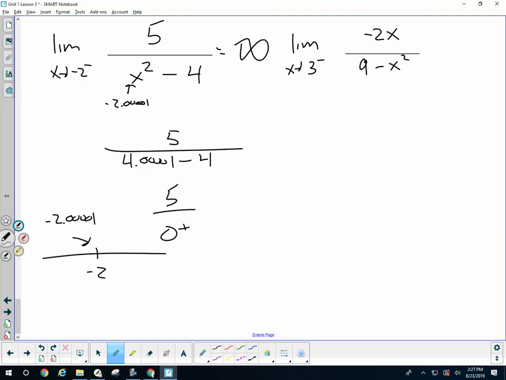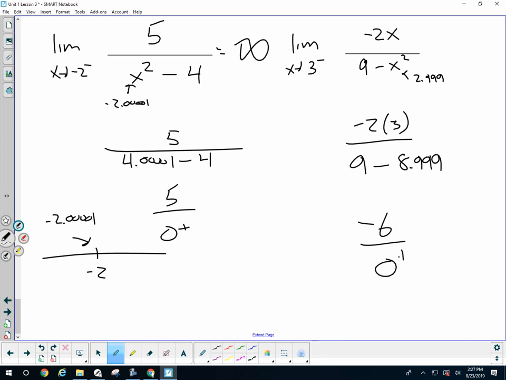If you square 2.999, are you going to get a number a little bit bigger than 9 or a little bit smaller than 9? Smaller. So, think about that. -2 times 3, -6. 9 minus something just a little bit smaller than 9, very, very close to 0, but it's positive. That's why the answer is negative infinity. So I am trending down to the left of 3 where we have a vertical asymptote.